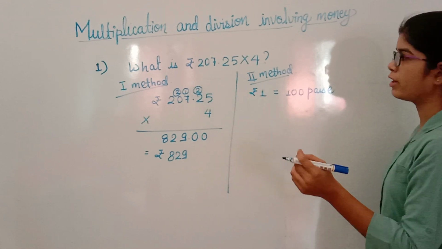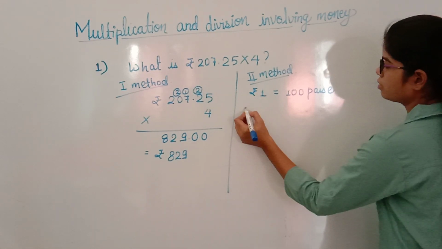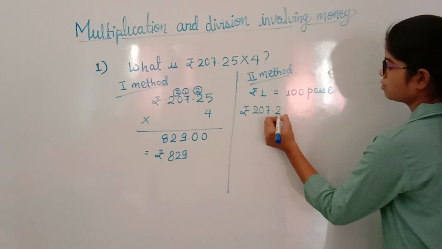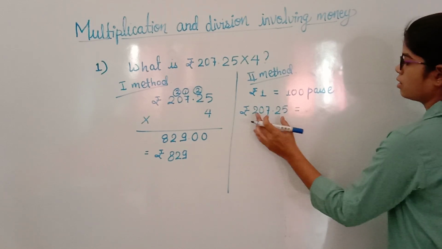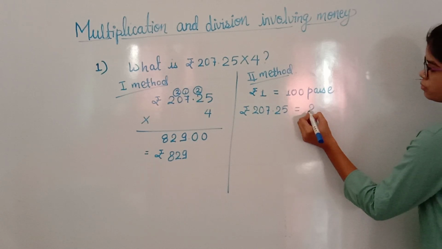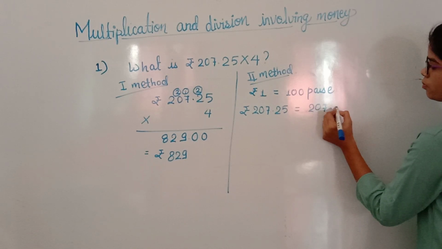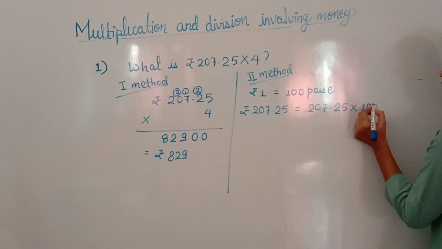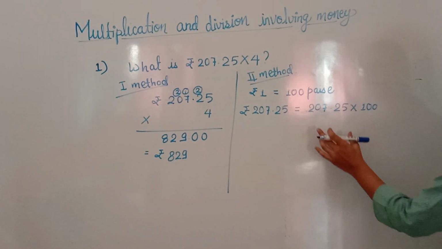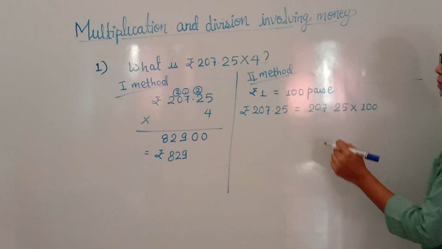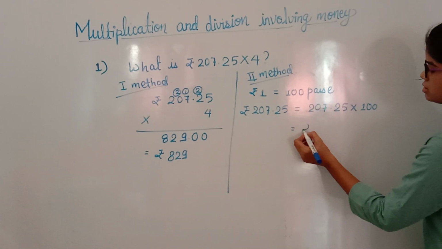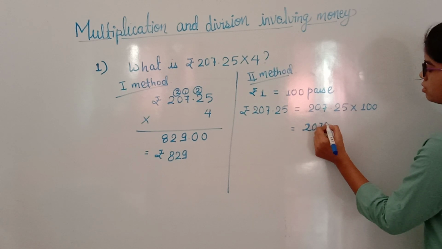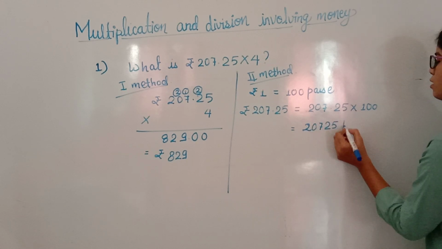Then rupees 207.25 is equal to 207.25 multiplied by 100. When we have to convert into paise, we multiply it by 100. So the answer we got is 207.25 paise.